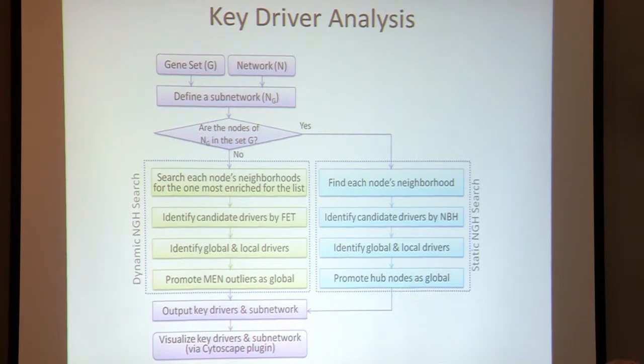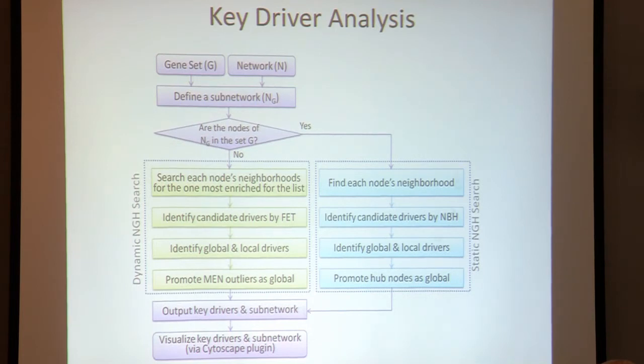If there is a significant enrichment of the downstream neighborhoods of a particular node for the gene set of our interest, then we claim this particular gene will be a potential driver for the input gene list.